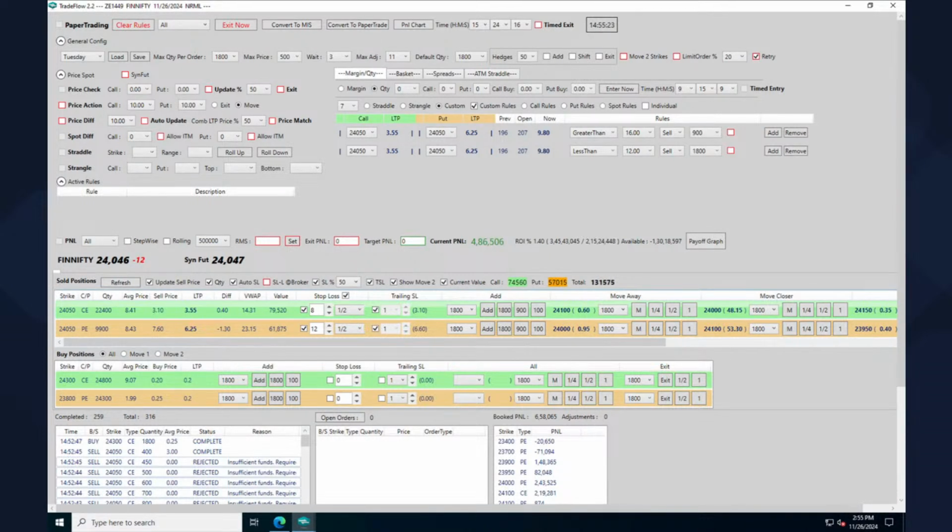Okay, I do not have capital, so that's a problem. Otherwise, I would add some more puts here. I can actually exit.